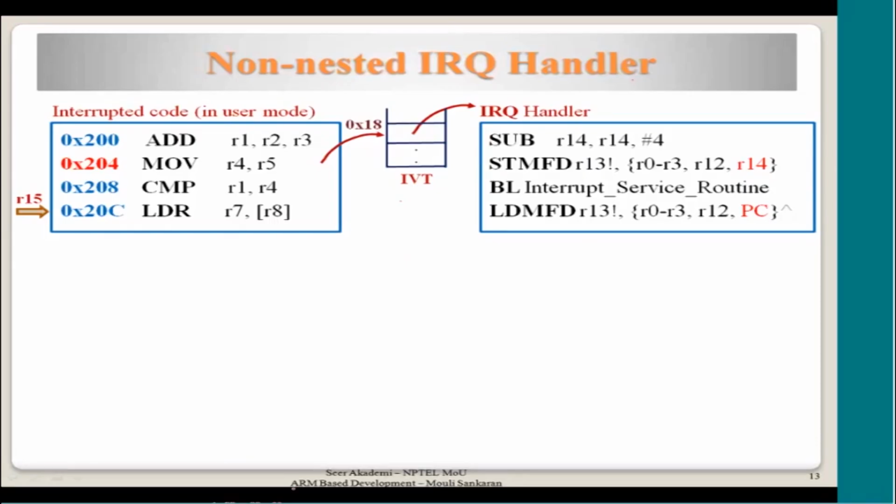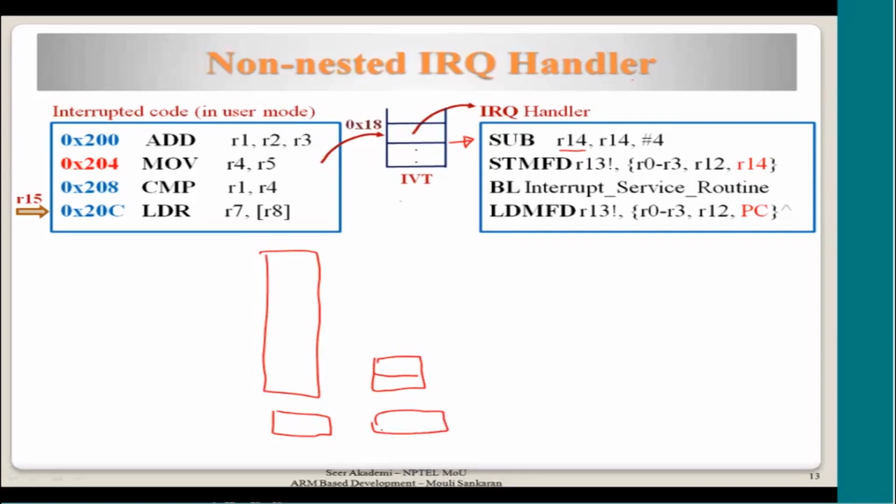So, do you know the reason why this is done? What is being done? R14. Okay, this R14 corresponds to which R14? Let me draw the register banks. From the diagram you can know what I am trying to come up with, right?